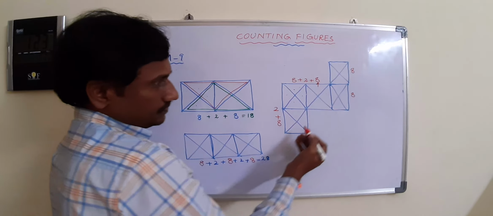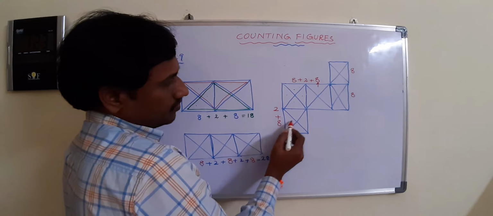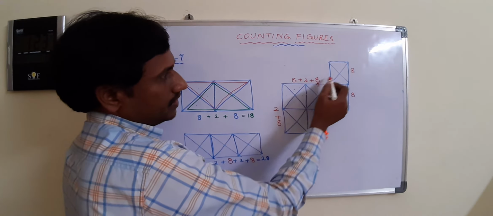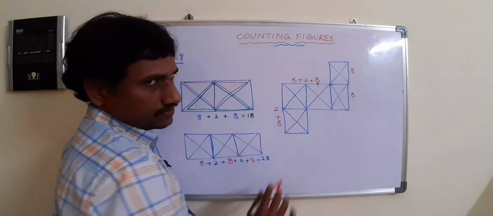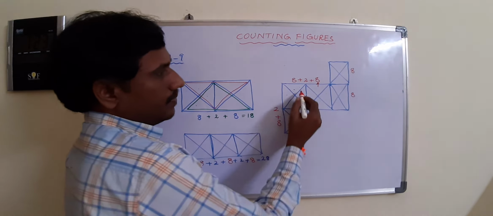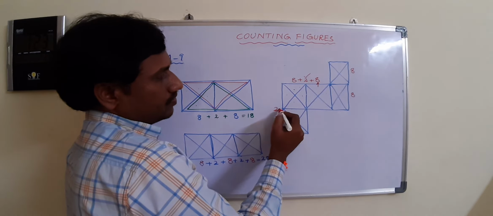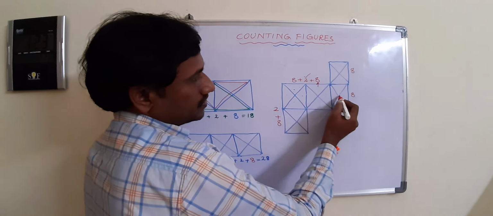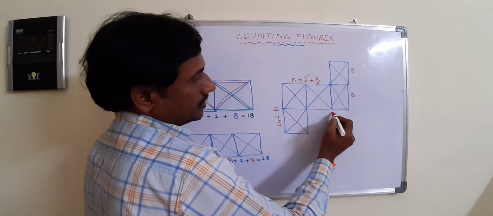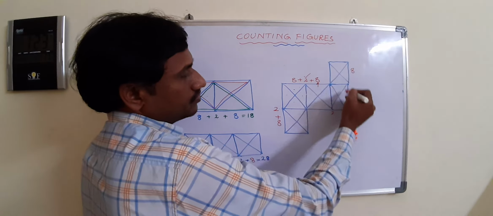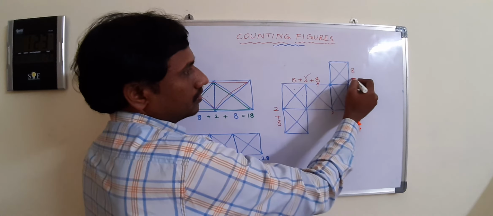For this square, total 8 triangles, in this square 8, in this square 8, in this square 8. Now write the combinations. Because of these two triangles extra, because of these two triangles extra, and because of these two triangles extra here. Next, because of these two joining here, 2 more extra.